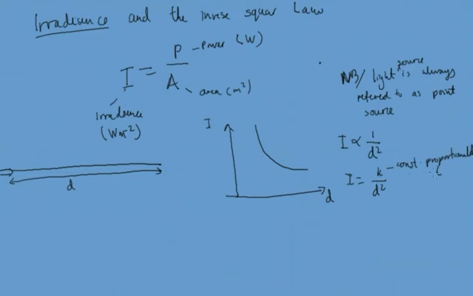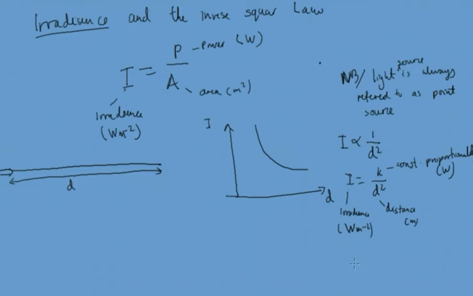That constant of proportionality is in watts. d is the distance in meters, and irradiance is in watts per meter squared.